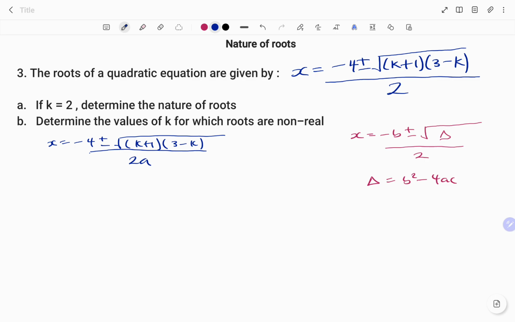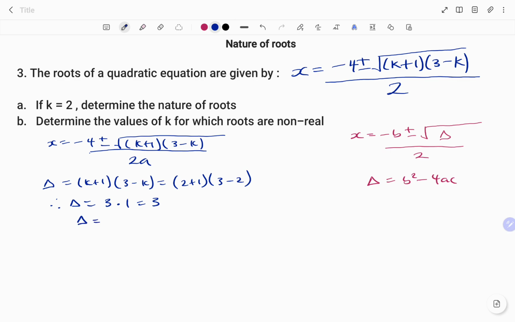The question says when k is 2, our discriminant is going to be k plus 1, 3 minus k, which is the same as, we're going to replace all instances of k with 2. So that's 2 plus 1, 3 minus 2. Therefore, our discriminant is going to be 3 times 1, which is 3.